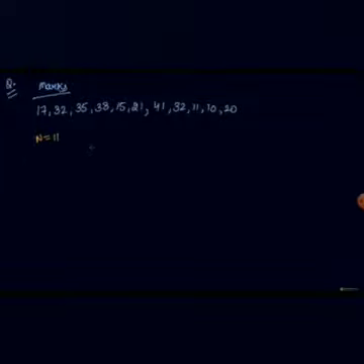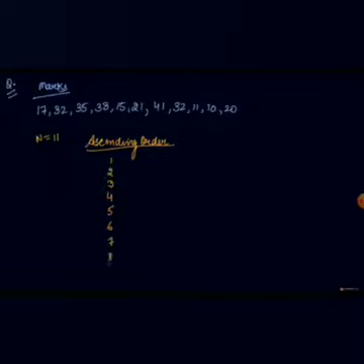First of all, you will arrange the series in ascending or descending order. So I am arranging it in ascending order, which is 1, 2, 3, 4, 5, 6, 7, 8, 9, 10, 11. These are the serial numbers, and let's put the series in the form of serial number.